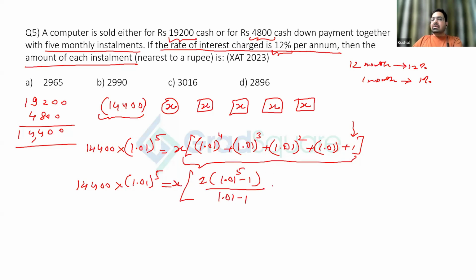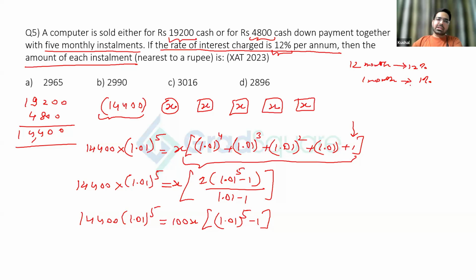That is the addition formula for the geometric progression with a common ratio greater than 1. The denominator is going to become 0.01, so that is yielding 100 in the numerator. So you have 100x into 1.01 to the power of 5 minus 1, and this is going to be 14,400 into 1.01 to the power of 5.